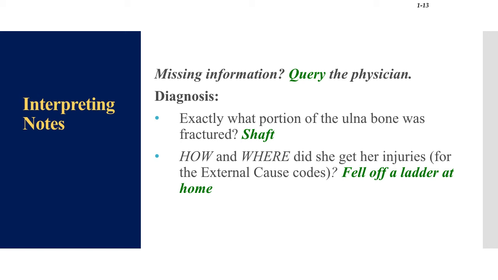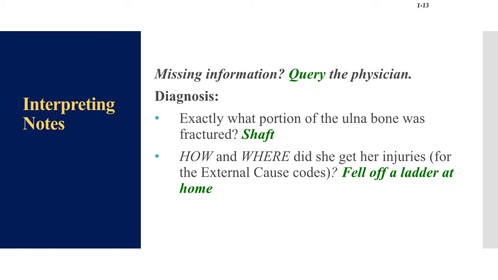So as you go and look to see the fracture of the ulnar bone, you'll see that an additional character is going to ask, well, exactly what part of the ulnar bone was fractured? An ulnar bone, which goes from your elbow to your wrist, is what is known as a long bone. And medically speaking, it is considered in sections.